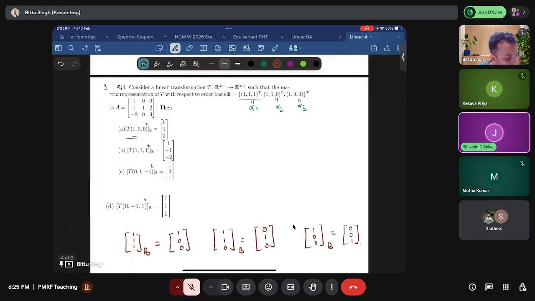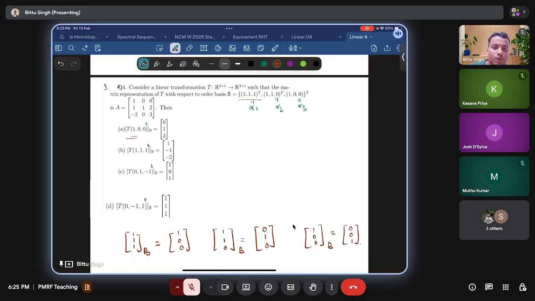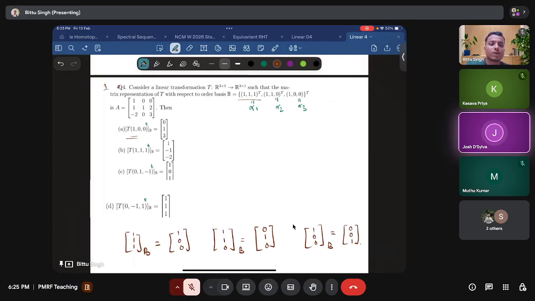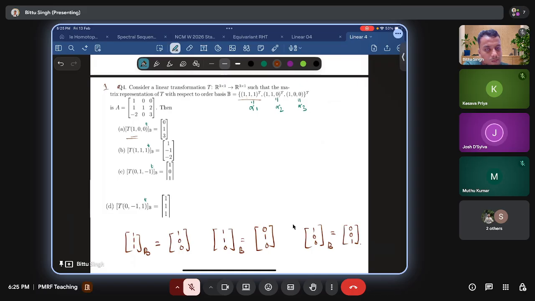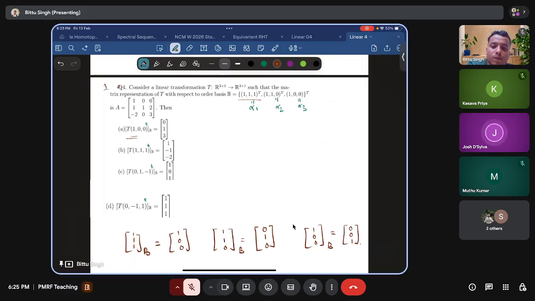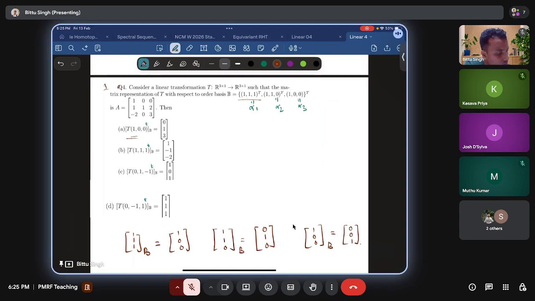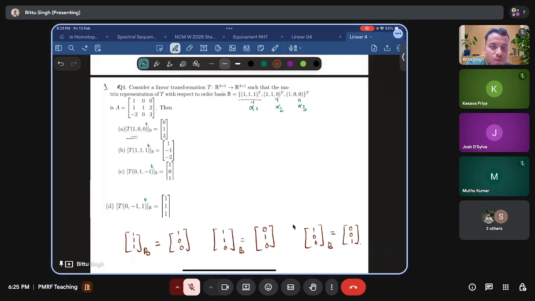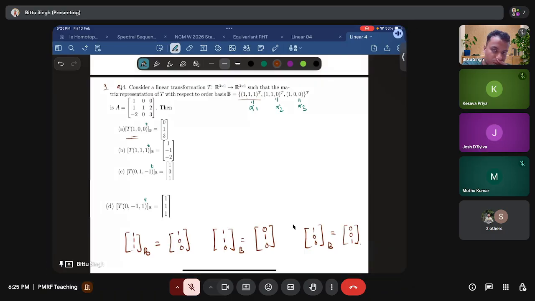Those are 3 by 1 because they are 1 1 1 transpose. So it is a column vector. Thank you, sir.